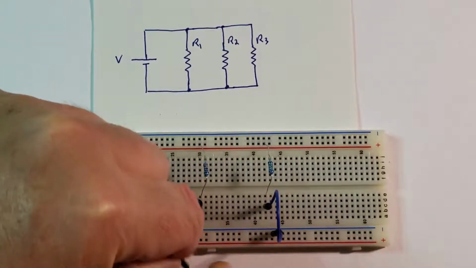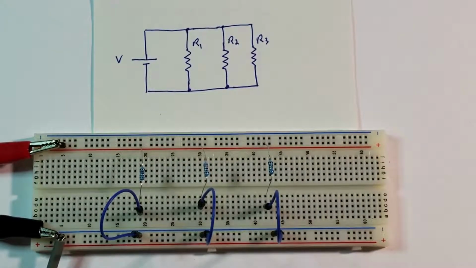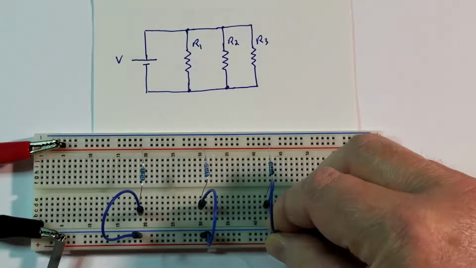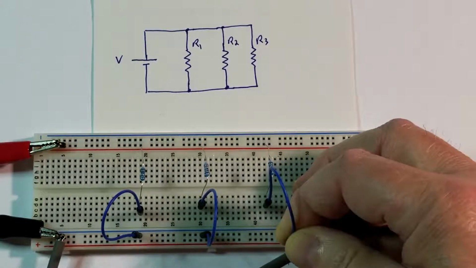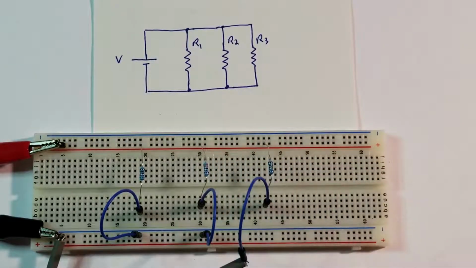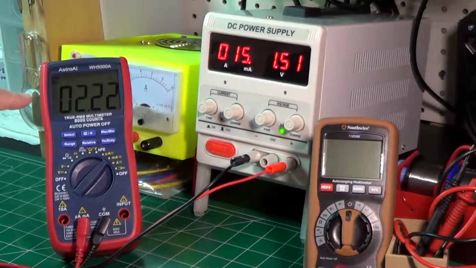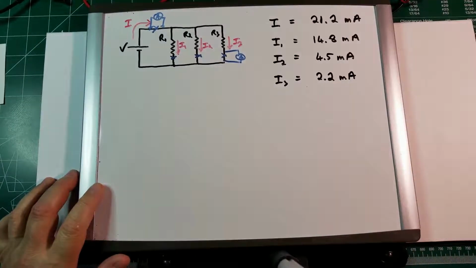Disconnect the ammeter from the second resistor and put back the second resistor to the negative rail. Disconnect the third resistor from the negative rail and connect it to the ammeter. So now the ammeter measures the current only in this resistor, and the value is 2.2 milliamps. Let's write down this value, which is 2.2 milliamps.